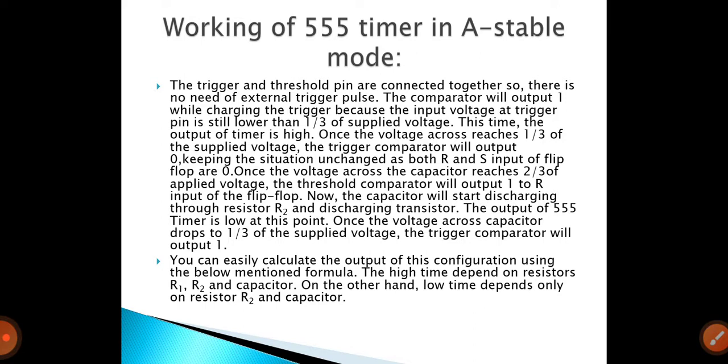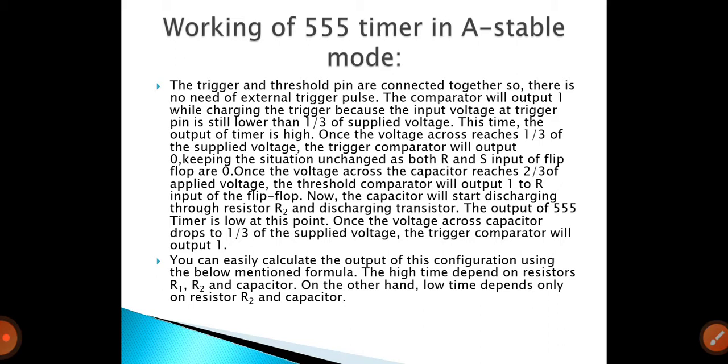The comparator output is 1 while charging, because the trigger pin voltage is still lower than 1 by 3 of VCC, the supplied voltage. In that case it is in the set state. 2 by 3 of VCC is greater than that. This time the output of the timer is high.